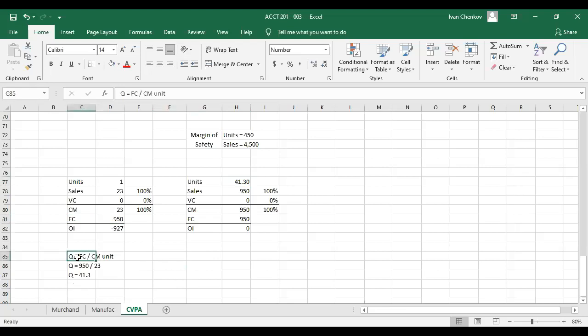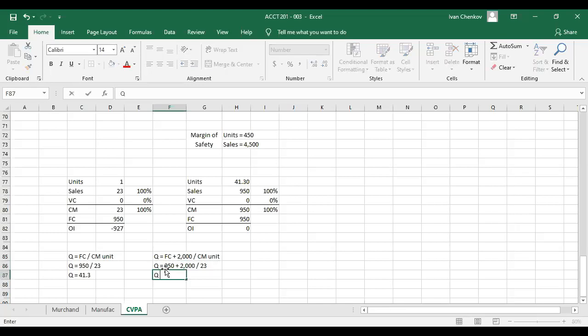We can work with the same formula, but we add plus 2,000. So now the question is, how many hours do I need to work? You can easily calculate 950 plus 2,000 divided by 23.